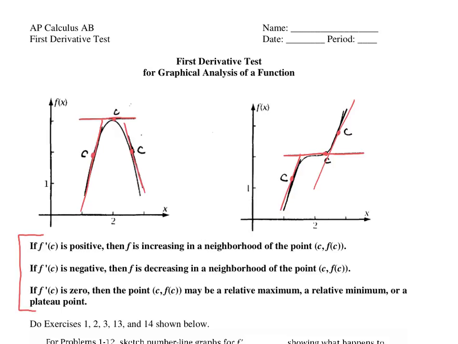Where the relative kind of comes in handy is things like maybe a cubic function like this. This point right here would be a relative maximum point. And this point right here would be a relative minimum point.